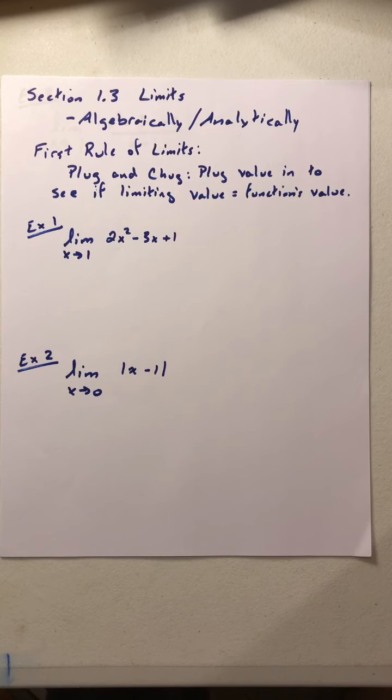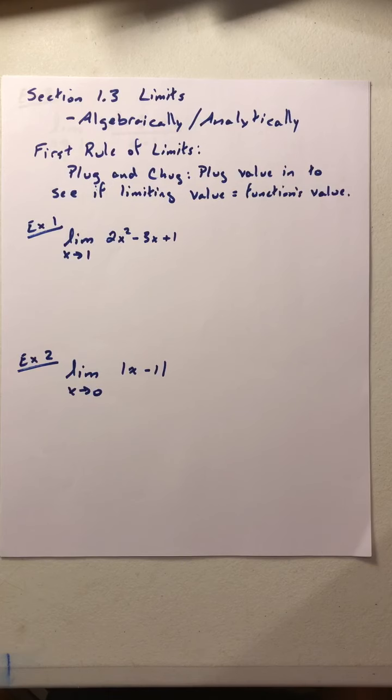But if we're just looking at a polynomial type function, if we plug the limit in, we get a value out, the value is going to equal the limit, and we're done. If it doesn't, or if we get something else, which we'll talk about, then we've got to do some other things with it. And that's where the algebra comes in. Algebra, factoring. Oh, yes, yes, yes.